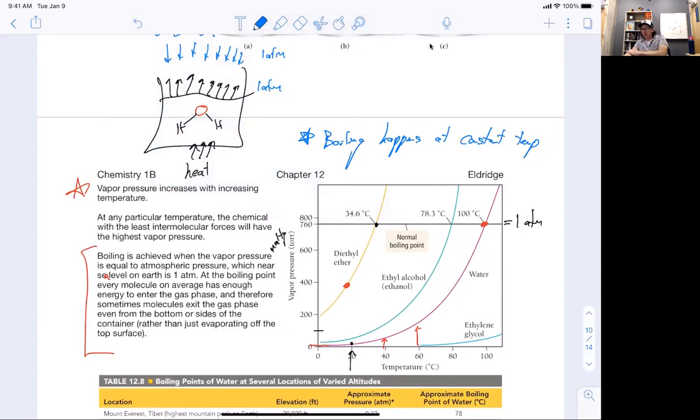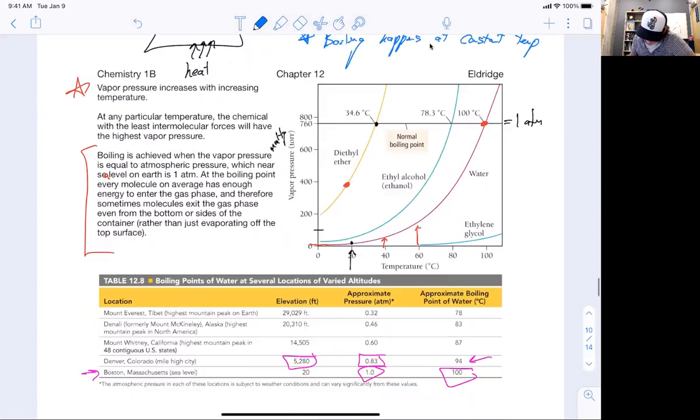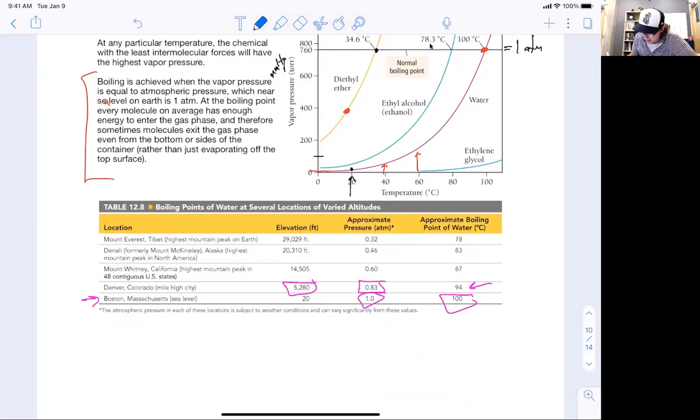If you see a pot of boiling water at sea level, it is 100 Celsius. You can actually set your thermometer to it, right? If you're trying to make a new thermometer and you're trying to figure out where is 100 Celsius, stick it in a pot of boiling water and let it sit there for a minute, and it will be at 100 Celsius. But if you're at a mile high, it's now at 94.